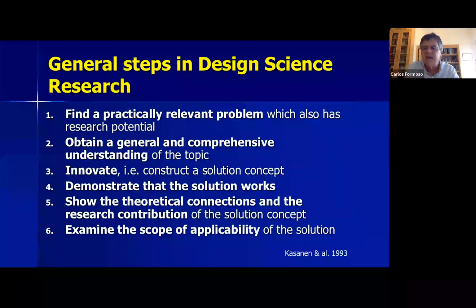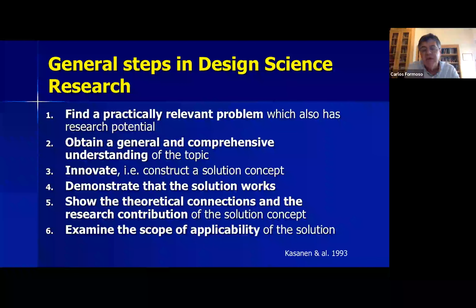It's a generic solution. It's not a solution for a specific problem, but it is a solution for classes of problems. For instance, solutions for problems faced by companies that deliver engineer-to-order projects, for instance, right?